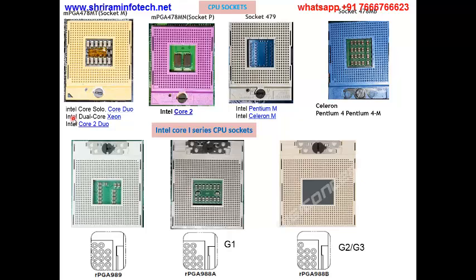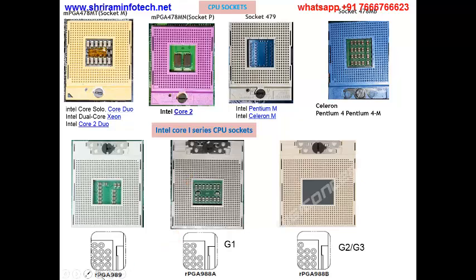After that, it starts from the i generation processors, Core i3, i5, i7, and their generations 1, 2, 3, 4, 5, 6, 7. So these different generation processors are in laptops, but in laptops there are only 3 sockets.